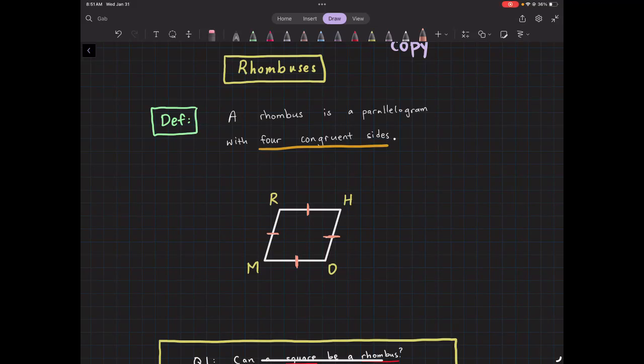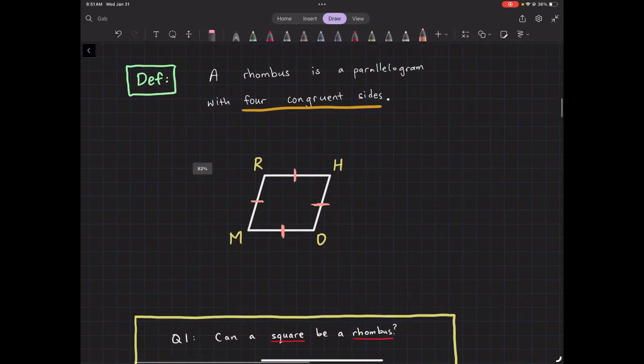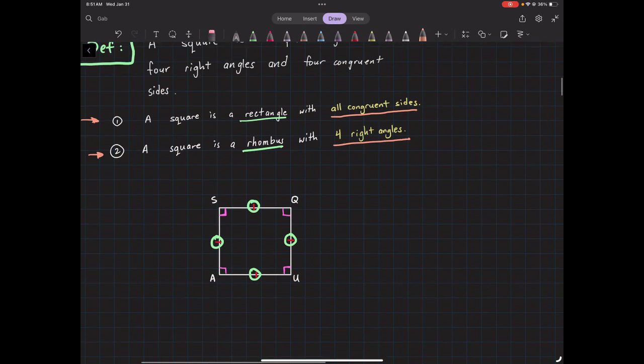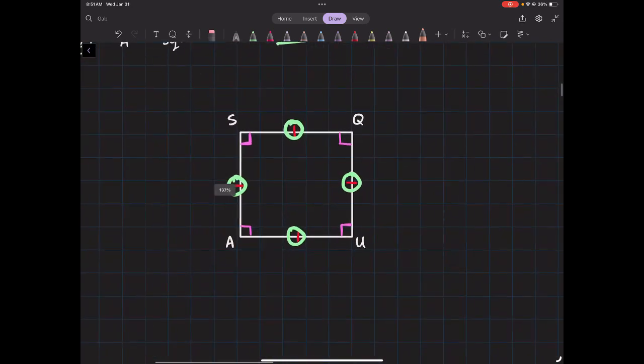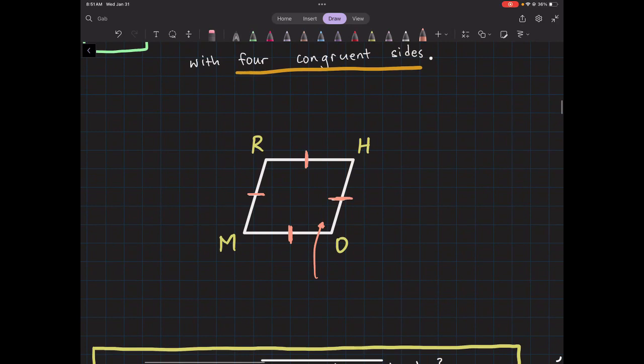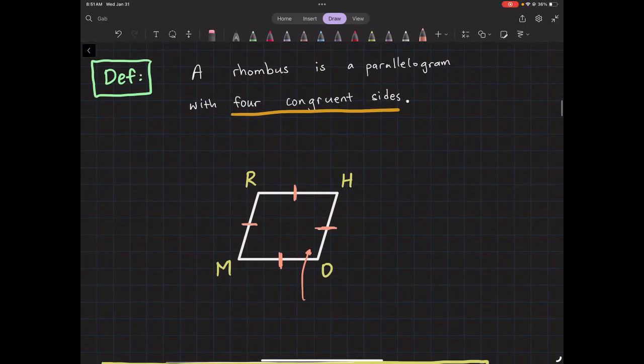It's a diamond looking shape, but the main trait is it has all congruent sides. But if you notice, the difference between a rhombus and a square is that there are no right angles here. Okay, in a square, you see all the right angles, right? But for a rhombus, no right angles. But there are still the four congruent sides.